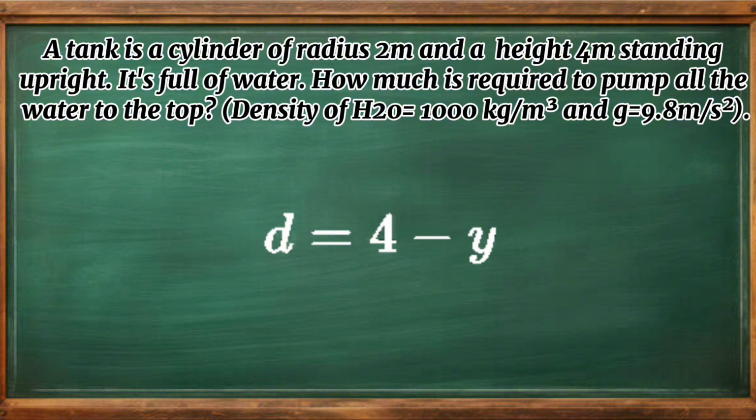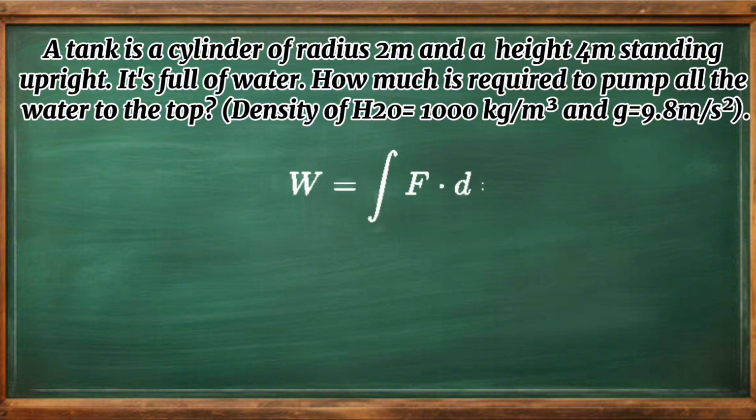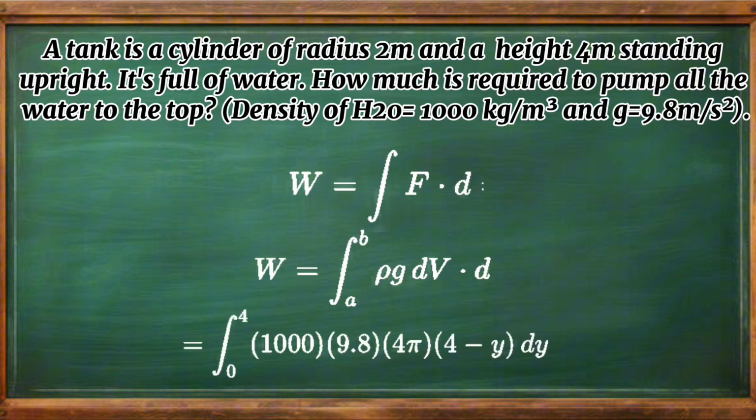The formula for work is force times distance, but in integration, we use work equals the integral from a to b of density times gravity times dV times distance. Now, we have the values, we can plug them in. Therefore, we have work equals the integral from 0 to 4 of 1,000 times 9.8 times pi times 2 squared dy times 4 minus y.